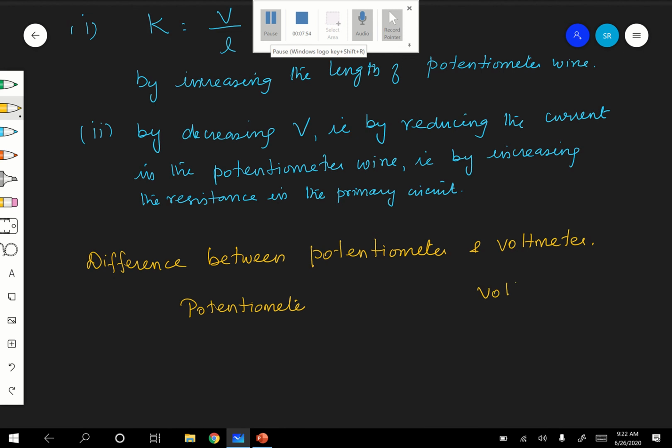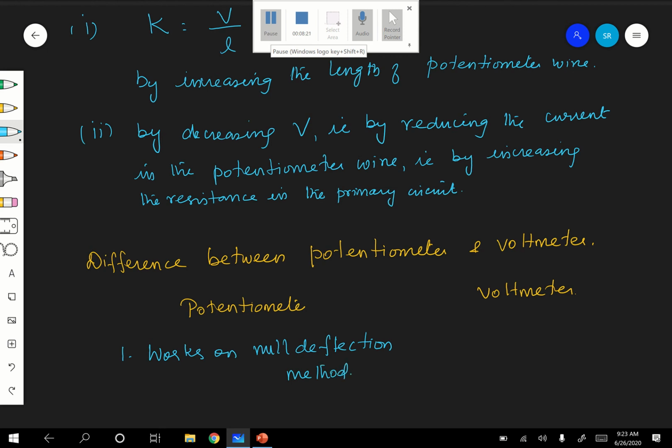And here, voltmeter. Okay, first one. Potentiometer, very important, works on the null deflection method. We are going for null deflection only.